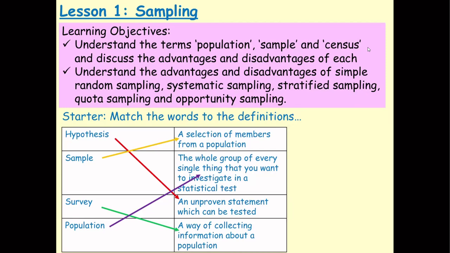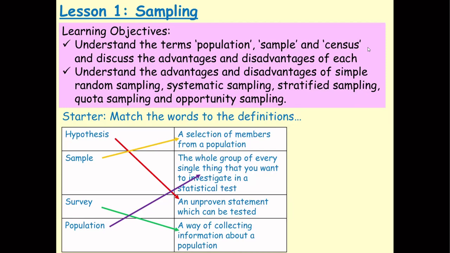A survey, so we're going to skip to the third one. A survey is a way of collecting information about a population. So you ask them a question, they give you an answer, and you collect the data from everyone and then draw conclusions from it. A hypothesis is what you start off with. It's an unproven statement which will then be tested.